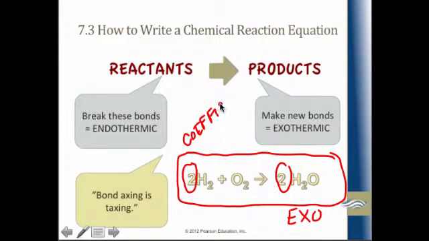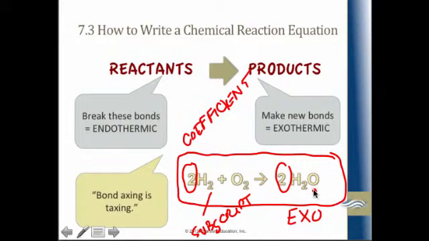The 2 is a coefficient, in contrast to this 2, which is a subscript. It's really important that you differentiate between coefficients and subscripts. Subscripts are part of the compound, the whole number ratio of when the compound forms. 2 hydrogens go with every oxygen when a water molecule is formed.